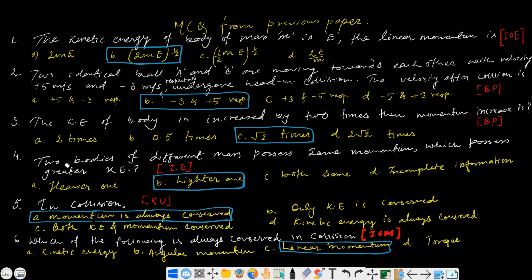So number 4, two bodies of different mass possess same momentum. Momentum दुवैको बराबर छ. Which possesses the greater kinetic energy? So हामीलाई थाहा छ अघिकै इक्वेसन फेरि है. So time and again त्यही इक्वेसन हामी युज गरिरहेका छौं. हामीलाई थाहा छ kinetic energy is p square by 2m, right?